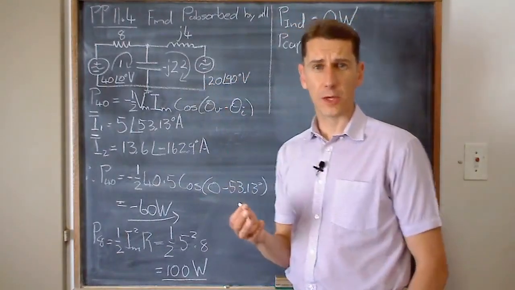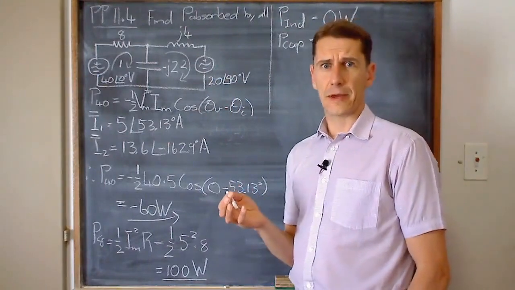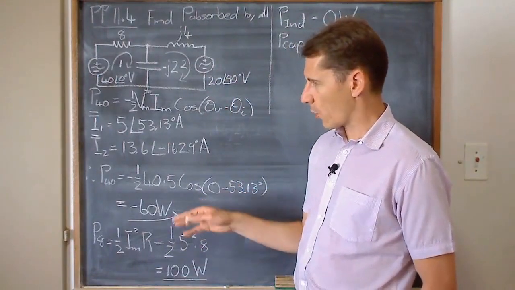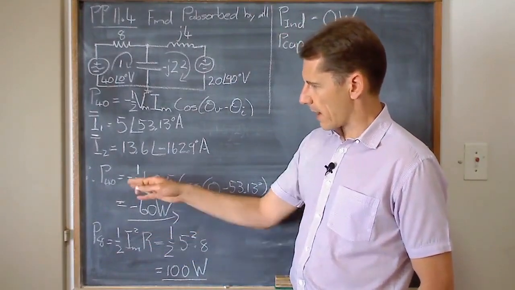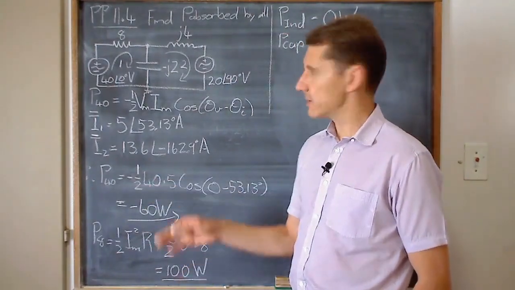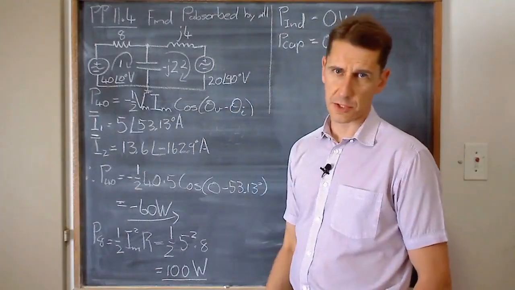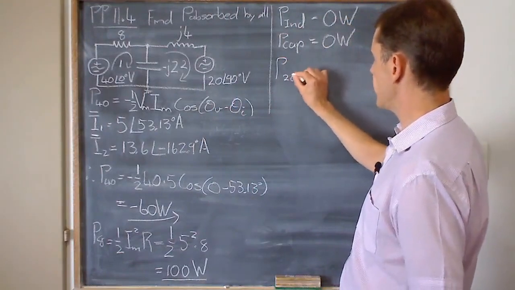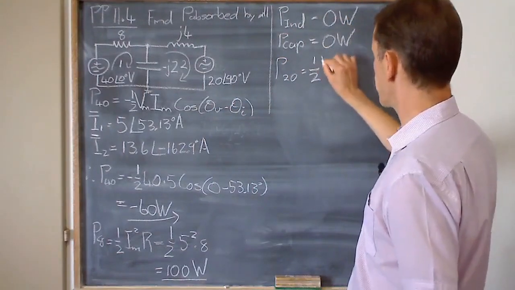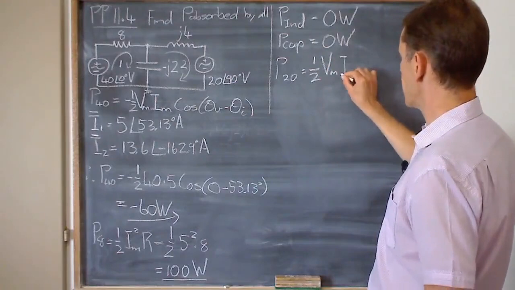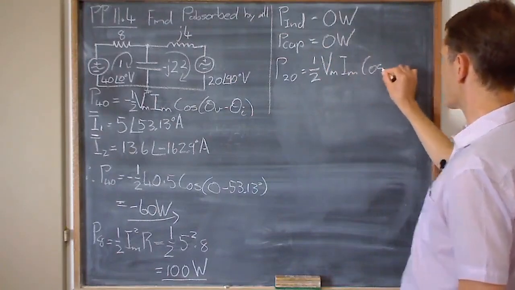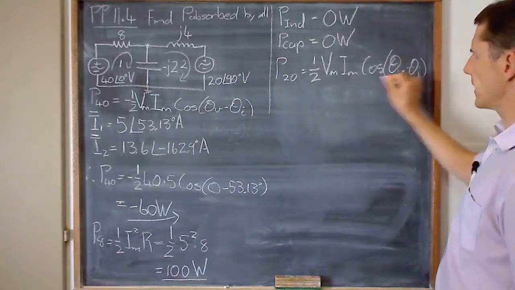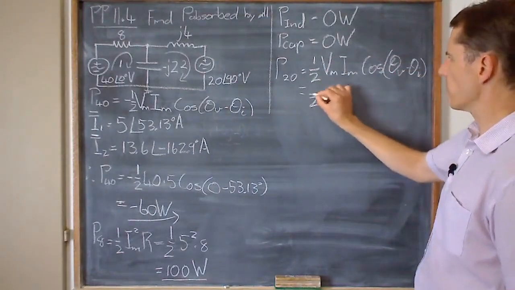Now if you just do a balance equation, I'm not going to see which way you did it in a test or the exam. I'm not going to check whether you wrote this equation or whether you wrote that P8 plus P40 gives me 40 watts. So that's what this needs to be. But let's go and calculate for the 20: half Vm Im cos of theta V minus theta I. And let's see if we get to that 40 watts. So it's a half.